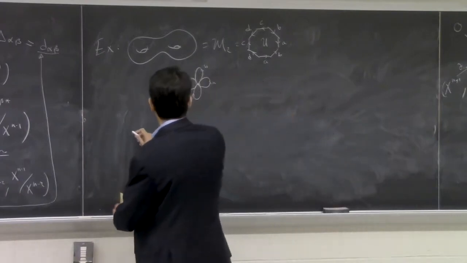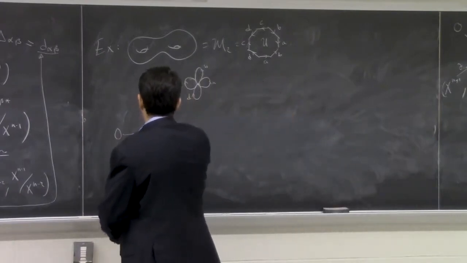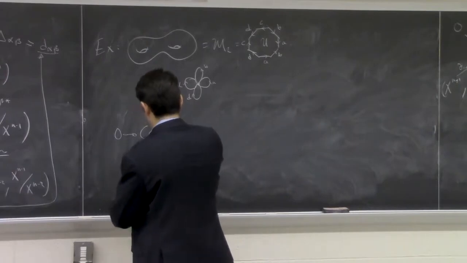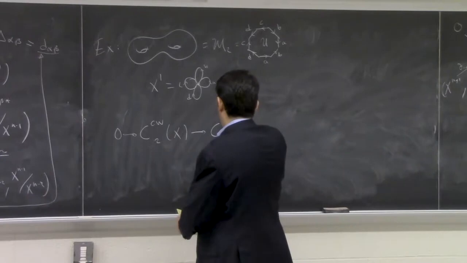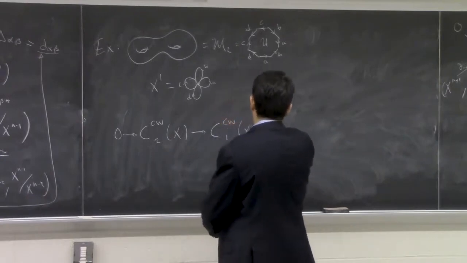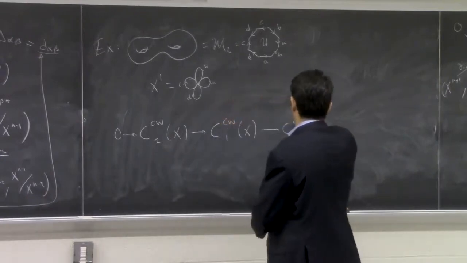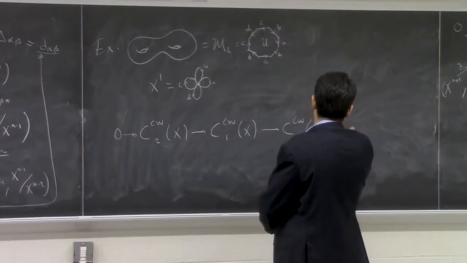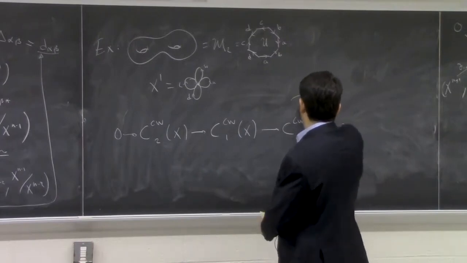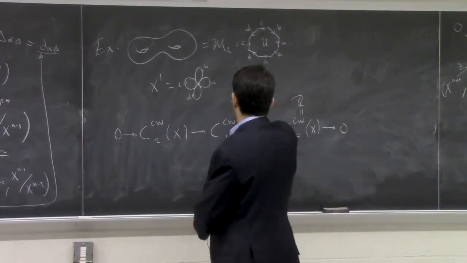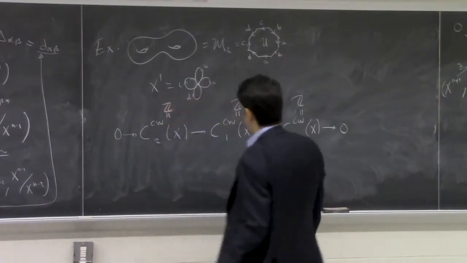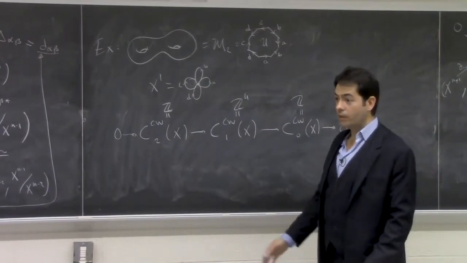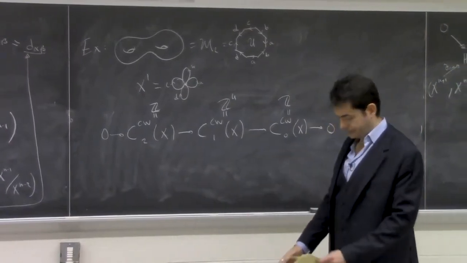OK, and so our complex looks like this, where this is just a copy of Z, this is just a copy of Z to the fourth, and this a copy of Z. Right, and we want to know what are the boundary maps.